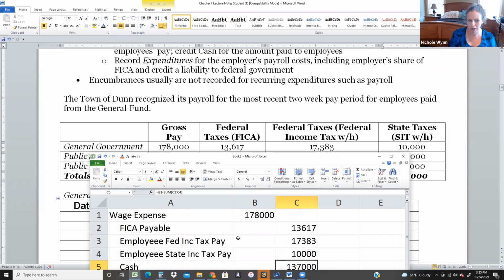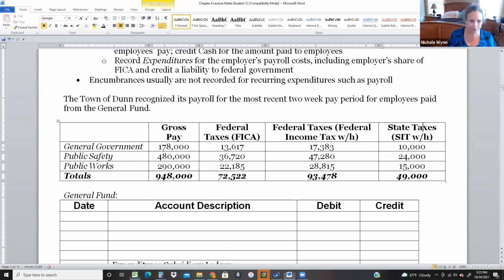So this entry is going to be fairly similar between how we handle it, except instead of calling it FICA payable, employee federal income tax payable, and state income tax payable, we will name it a little different. So we'll call it due to state government and due to federal government. And then here, instead of expense, we use expenditure. So that's the difference between how we do it in financial accounting and how we do it in governmental accounting.